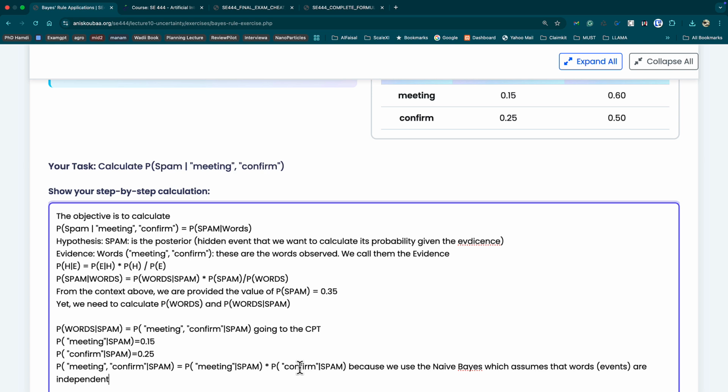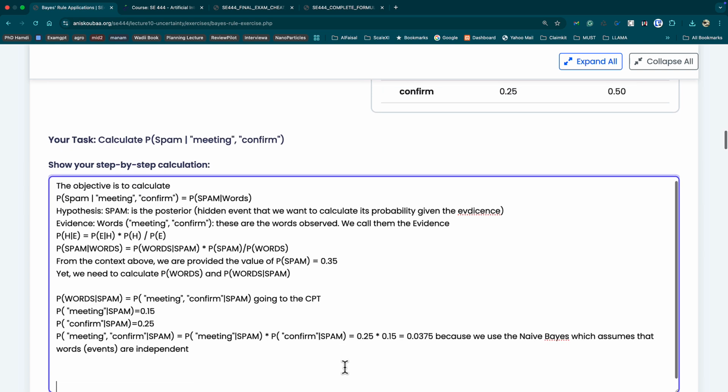Otherwise, we would need to use the full chain rule. So this gives 0.25 multiplied by 0.15, which is equal to 0.0375. This is the first part.